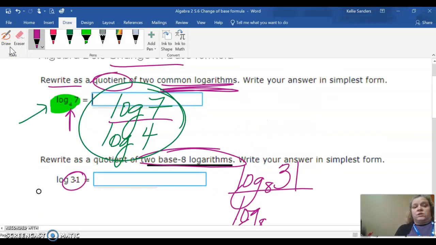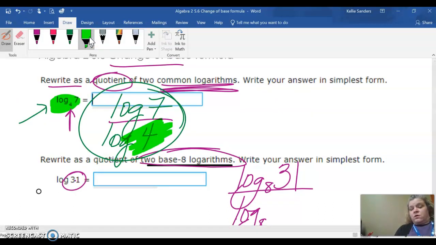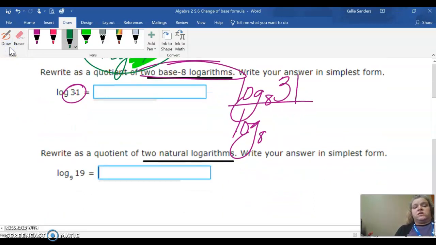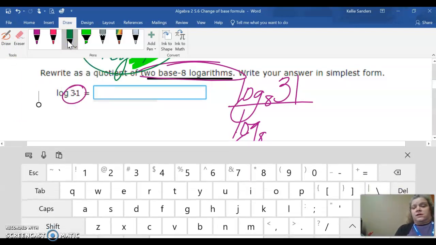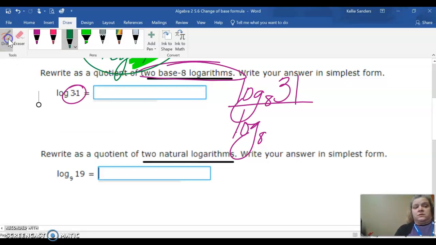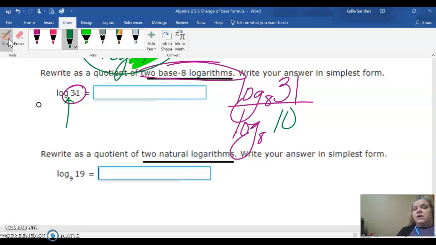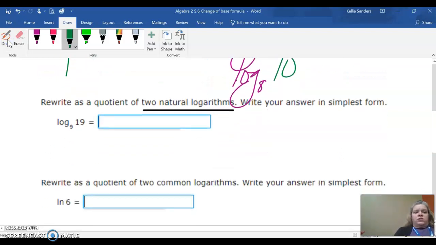Now, what did we put on the bottom of the first question? We put a 4 on the bottom of the first question. Why? Because that's what the base of the original question is. So what's the base of this one? It is 10, because there's not a base written, and if there's not a base written, then it's understood to be 10.